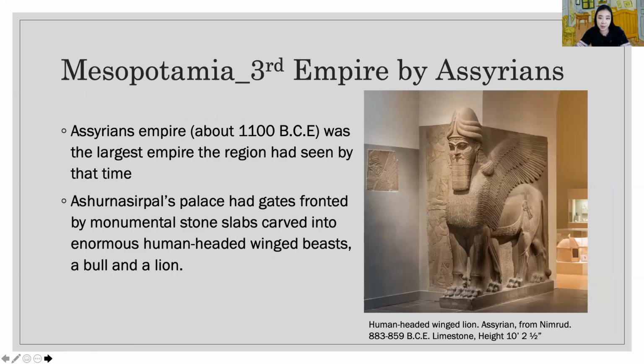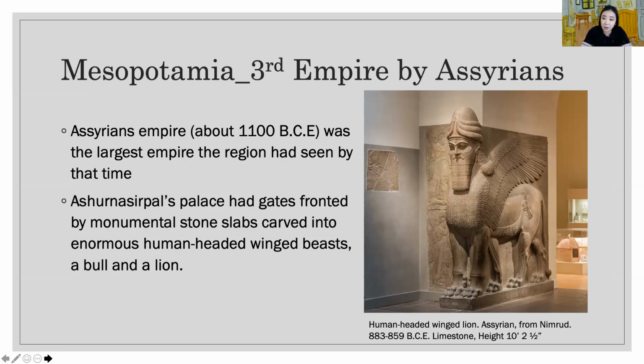And the next empire is by the Assyrians. The Assyrians had been gathering power and territory since before 1100 BCE, and their military strength increased significantly under Ashurnasirpal II.